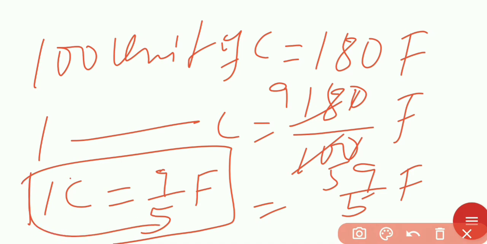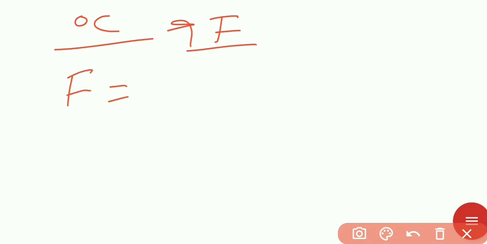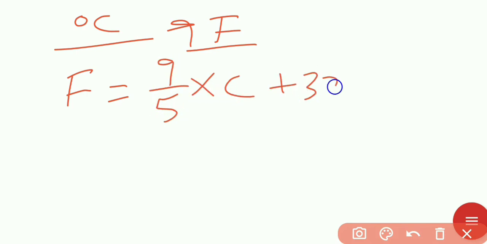Okay, now the relation between Celsius and Fahrenheit is: F equal to 9 by 5 into C plus 32. Remember this one.